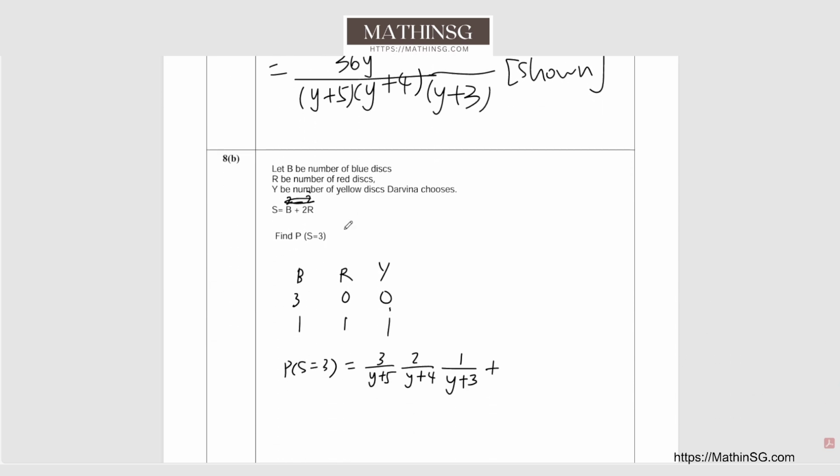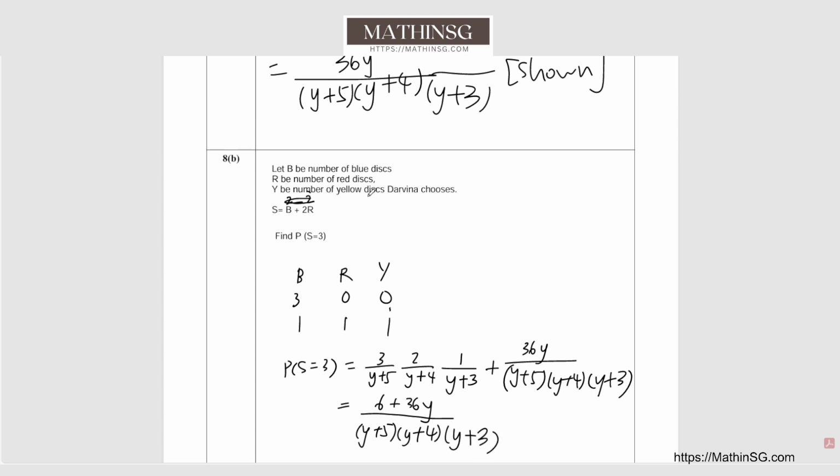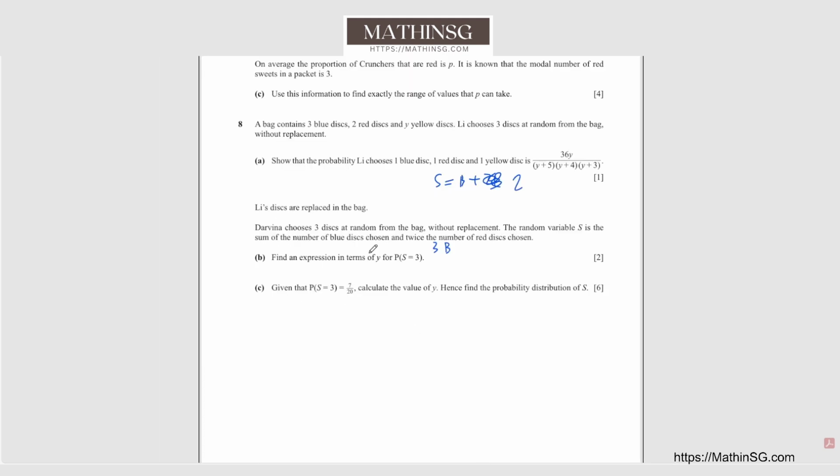Which is 36y over (y plus 5)(y plus 4)(y plus 3). Okay, so if we were to write it together, it is the probability of 3 blue plus 36y over (y plus 5)(y plus 4)(y plus 3). Okay, so this is the answer for part B, where we are asked to find an expression for P of S equals 3.